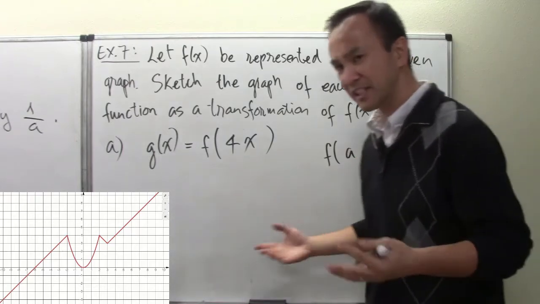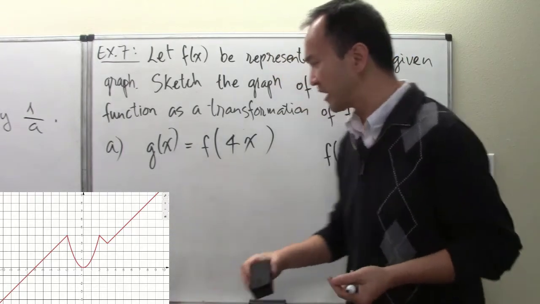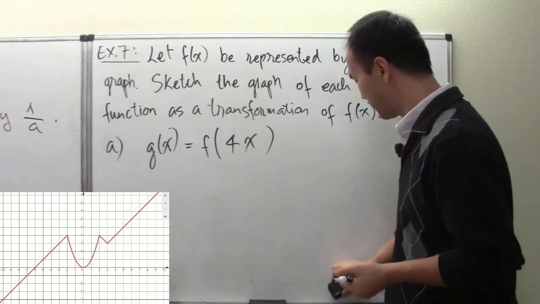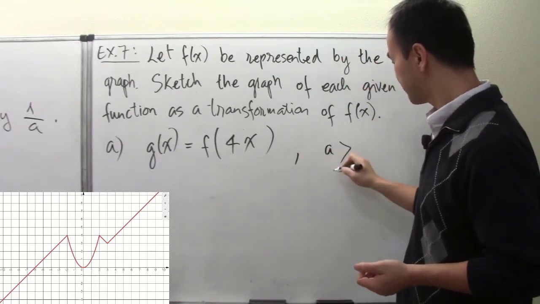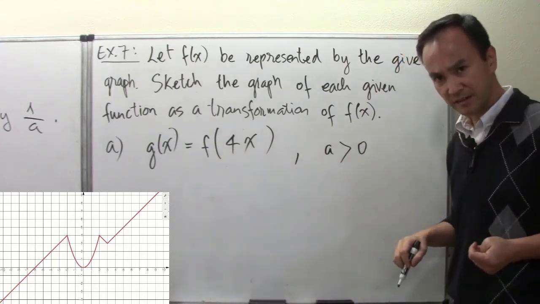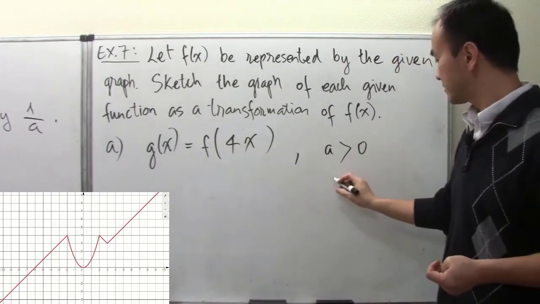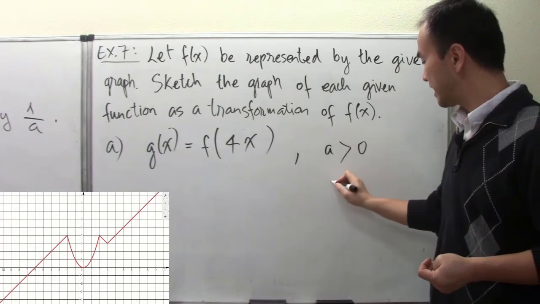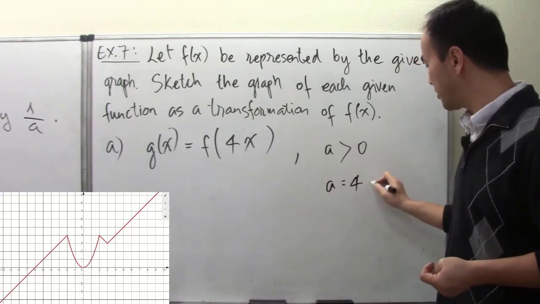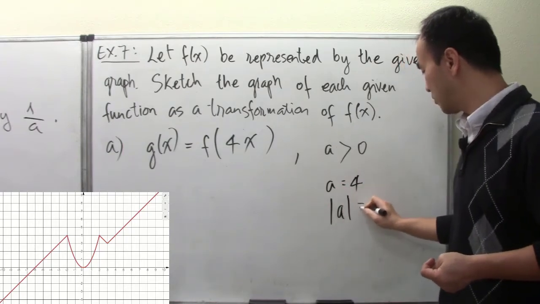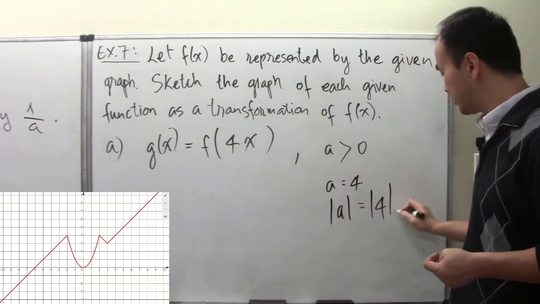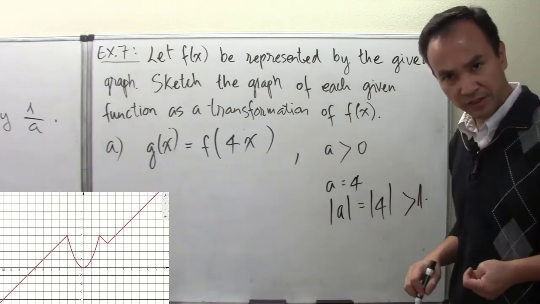Now let's make some further observations regarding this function g. I see that a is a positive value. I see that a equals 4, which means the absolute value of a equals the absolute value of 4, a value greater than 1. So we got some further information.